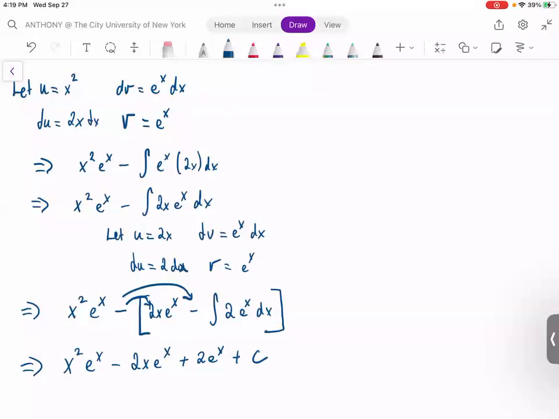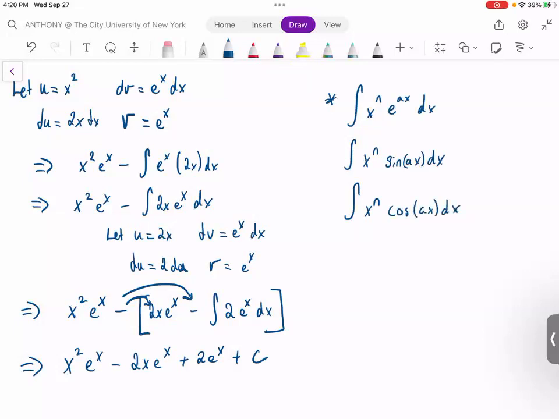So there's a little tip, by the way. I'll give you tip number 1, and I'll write it on the screen. So if you have integrals in this form, let's say x to the n times e to the power of ax dx, or the integral x to the n times sine of ax dx, or the integral x to the n cosine of ax dx, your choice here for these common integrals is to let the monomial term, the single term, x to the n, be your u.